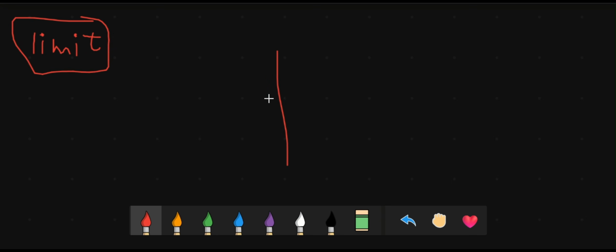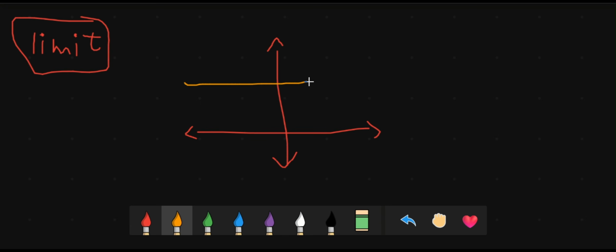Say we have some function, and in this function, it goes like this. It has a hole at x equals 1 and goes like this.